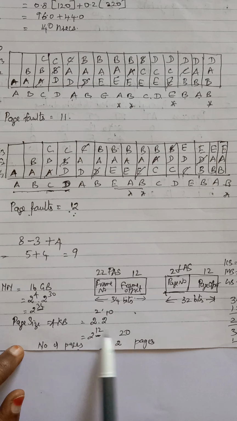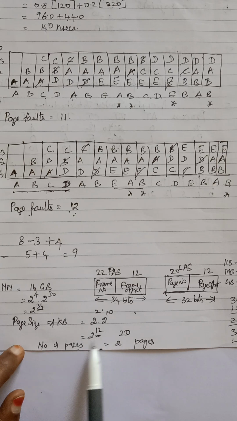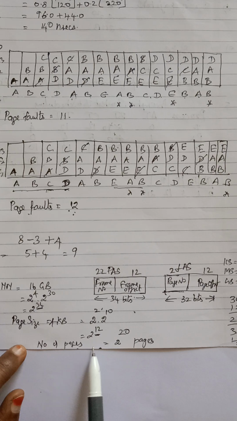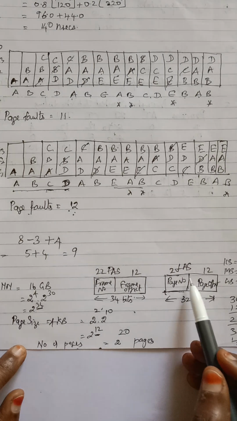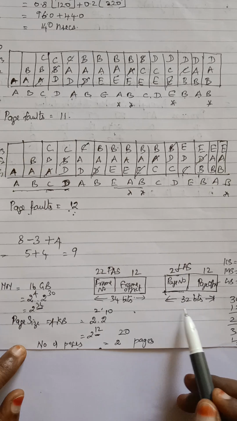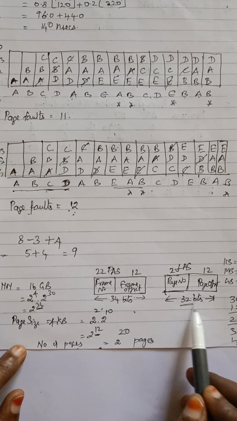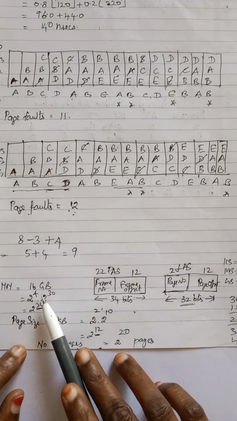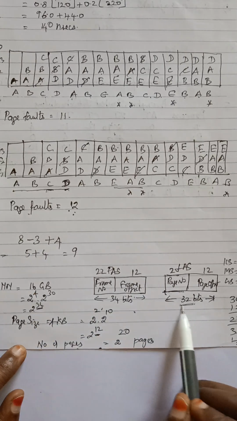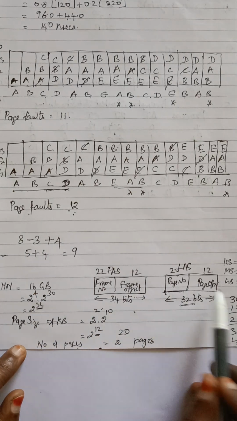So we have found out the page size. Here the question is what is the number of pages in the logical address space. They have given 16 GB for the main memory and 32 bits for the logical address space.